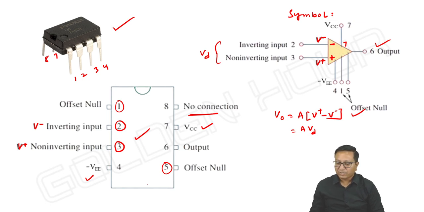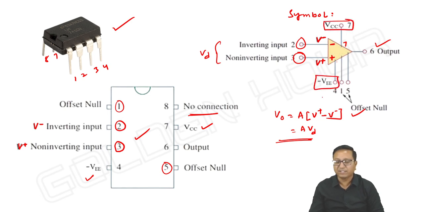Next, suppose no input is given either at the inverting terminal or at the non-inverting terminal. According to this equation, the output should be 0. But sometimes, due to the presence of the power supplies VCC and VEE, there is scope for a non-zero DC present at the output, which is known as output offset voltage.